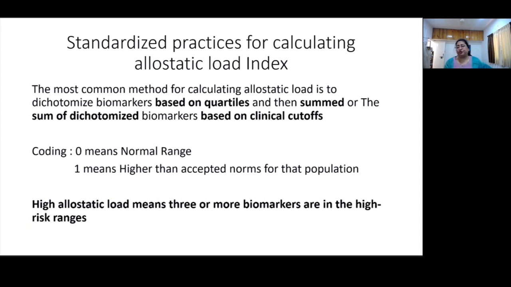So we have to use the accepted norms for our population in order to calculate the allostatic load index. A high allostatic load means 3 or more biomarkers are in a high risk range. This gives us the idea of how much allostatic load is on the body. The more markers out of range, the more the allostatic load.